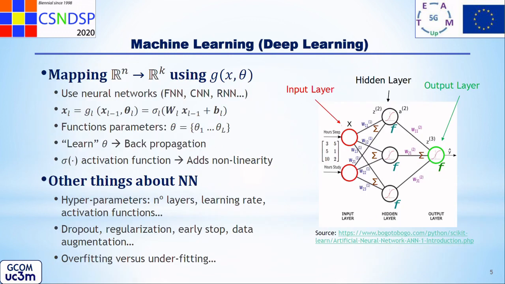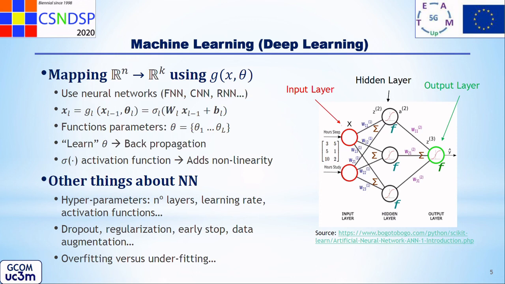The last technique of machine learning I am going to talk about is deep learning. Deep learning is based on the use of neural networks. They aim to map a real input vector of size n to an output vector of size k by using a transfer function.